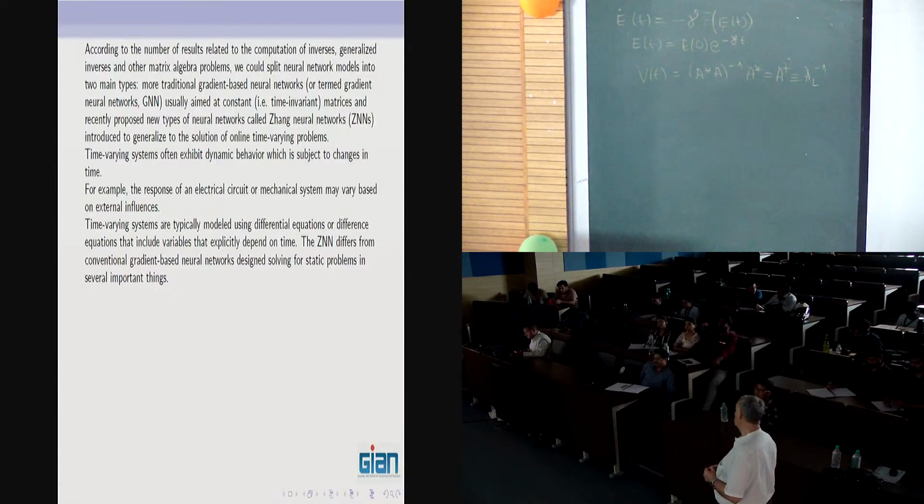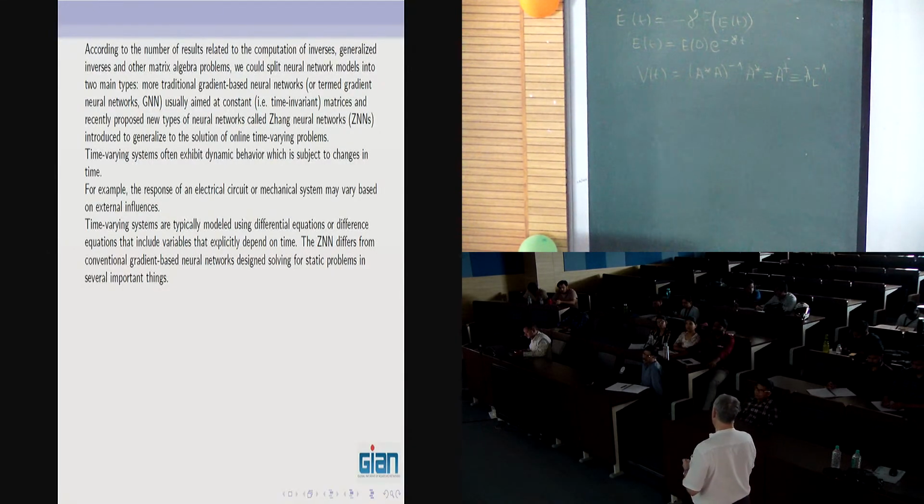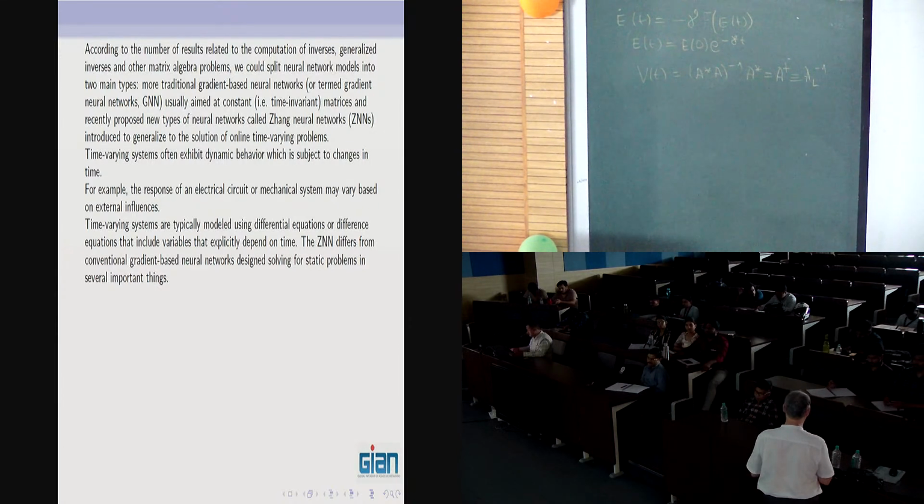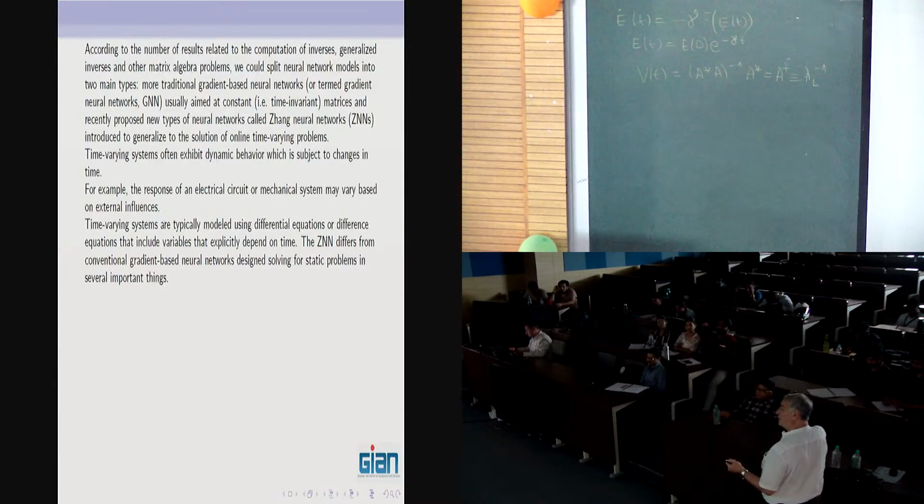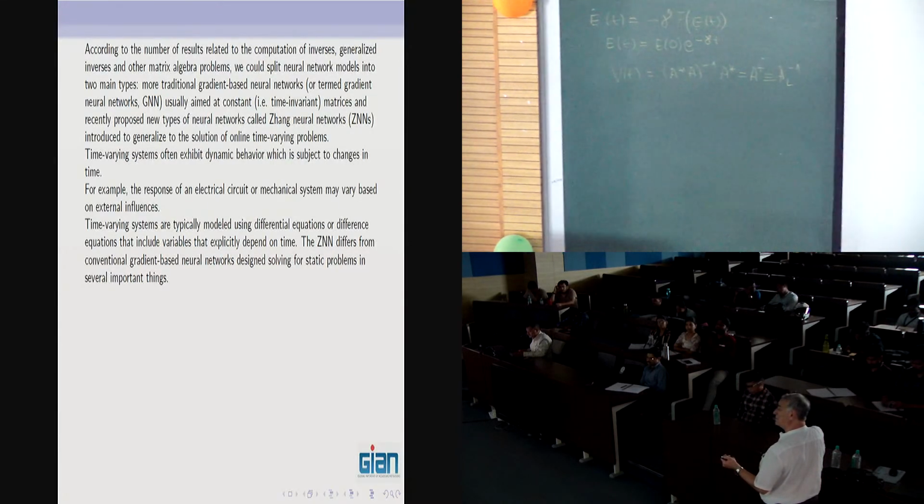Gradient neural networks are aimed at the constant case, time invariant, or time independent. Opposite to this, ZNN is aimed at solving time varying systems.